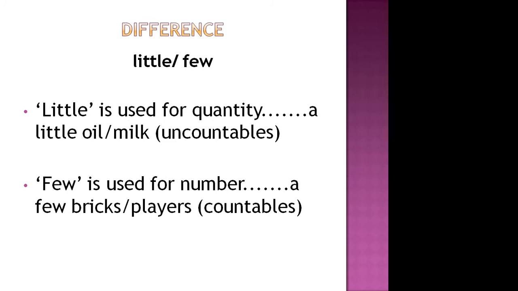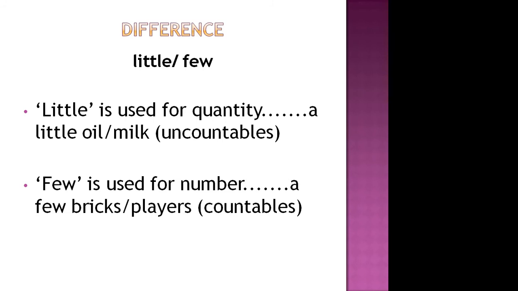Now what is the difference between little and few? Little is used for quantity. A little oil, a little milk. That is something that is uncountable. You can count liter of milk, liters, but not milk. Okay.